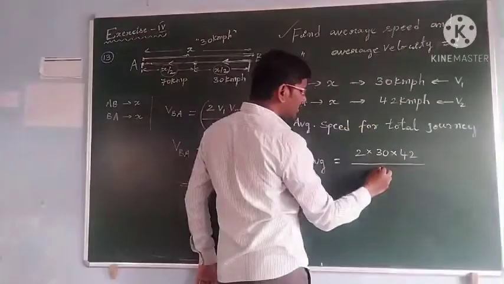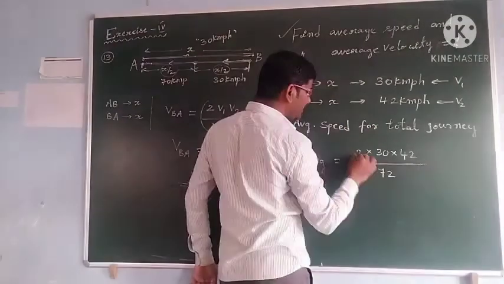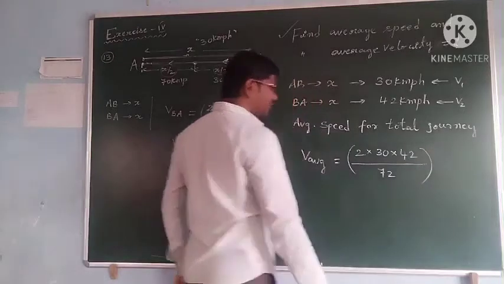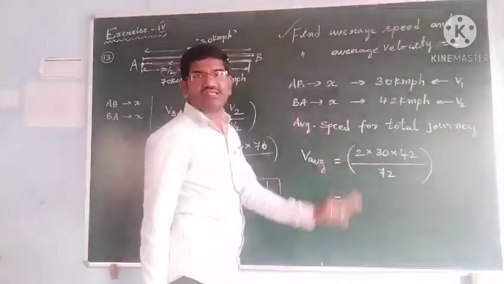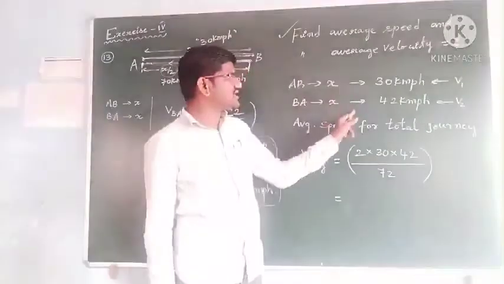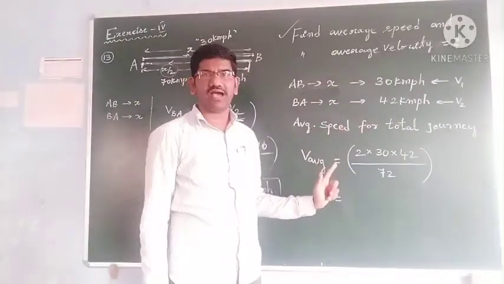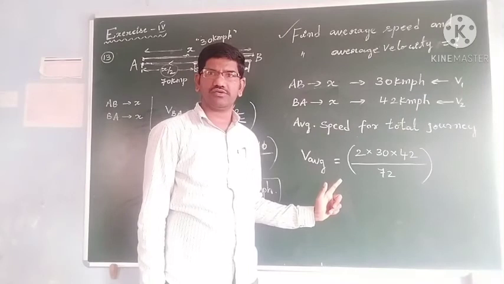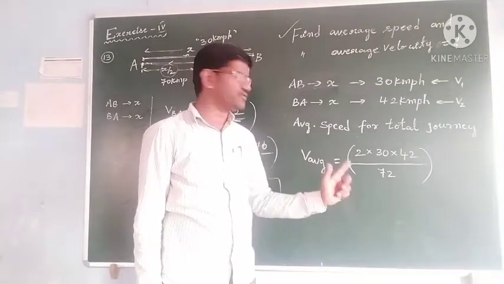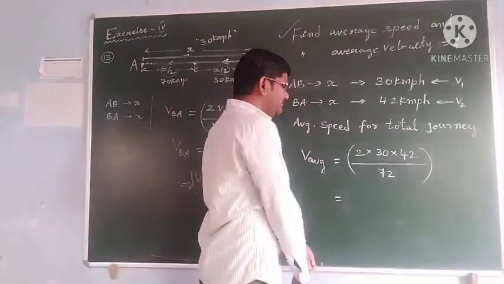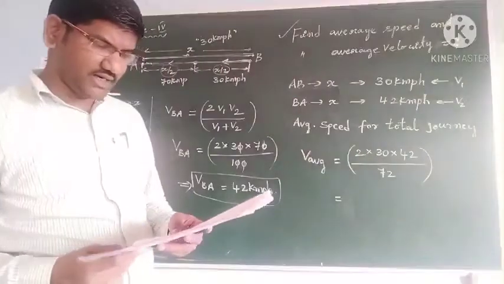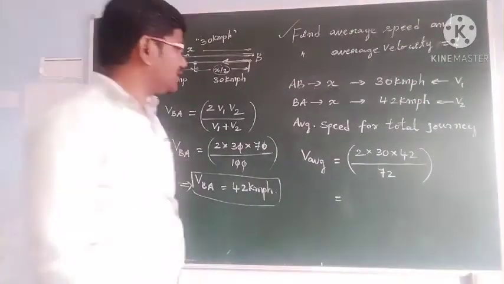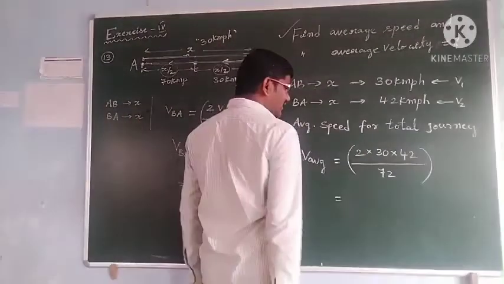30 plus 42 you will have 72. Okay students, you do the calculation for this problem. Distances are same, speeds are different, then the average speed formula is 2V1V2 by V1 plus V2. So we should get 35.